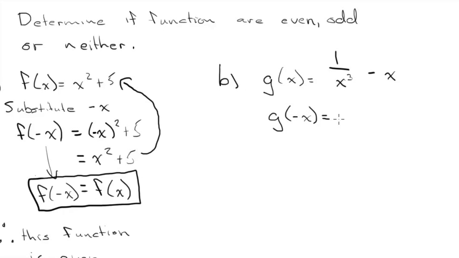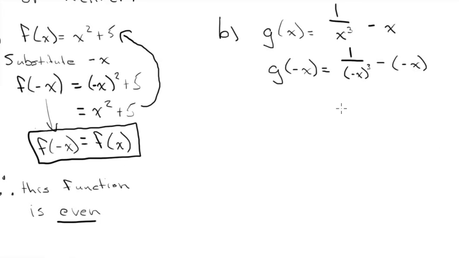So if you ever want to determine symmetry, this is what you do. Just evaluate it at negative x. So 1 over negative x all cubed minus negative x, which would be 1 over, so negative x cubed is a negative number cubed. Well, that's going to be negative. And then a negative times a negative would be positive x.